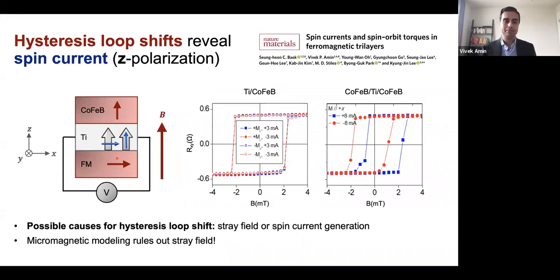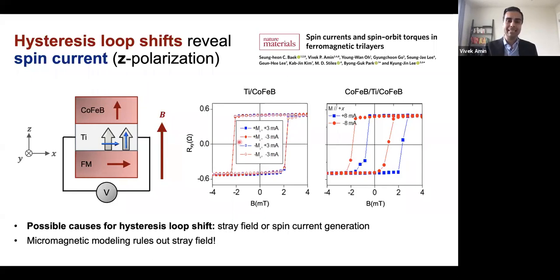And here I'm showing the hysteresis loops from two different systems. One is a control system where the bottom ferromagnetic layer has been taken out, so you just have titanium and cobalt iron boron, and then over here we have the ferromagnetic trilayer.